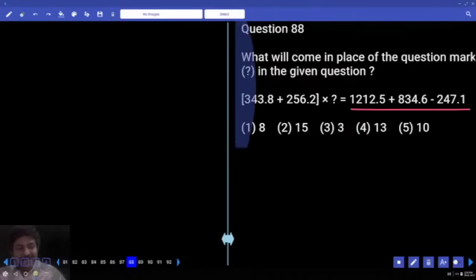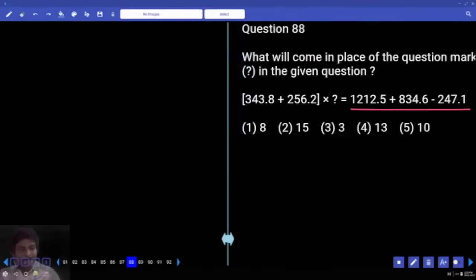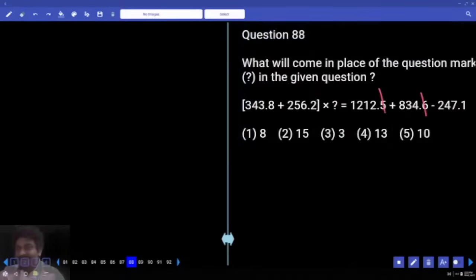Let's first calculate the right hand side number. Okay, come on. 0.5, 0.6, 1.1. 0.1 is subtracted. Still one carry is there, right? 1 added to this number. 1213. Come on. 834.